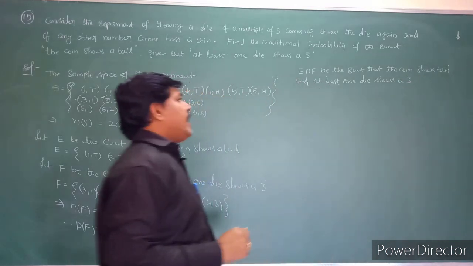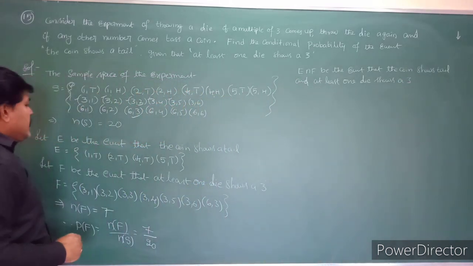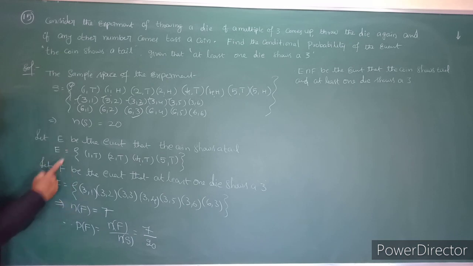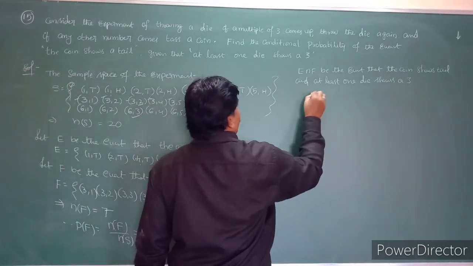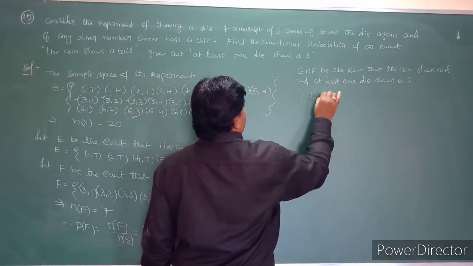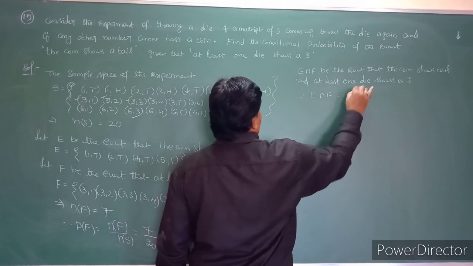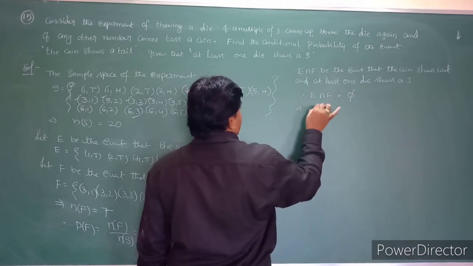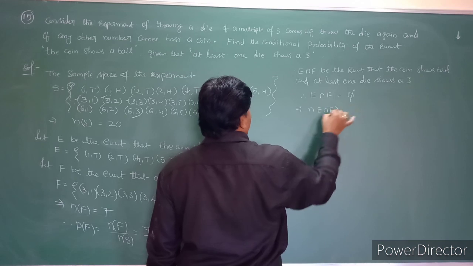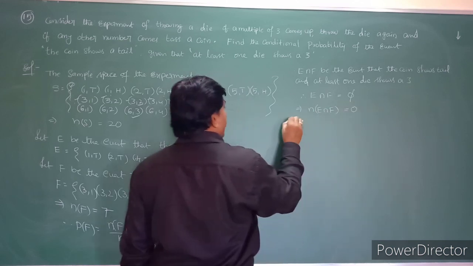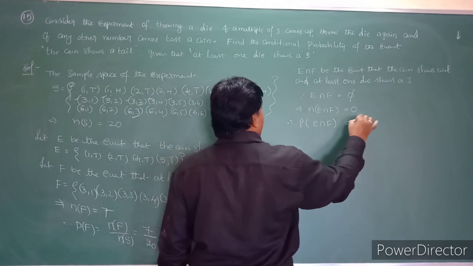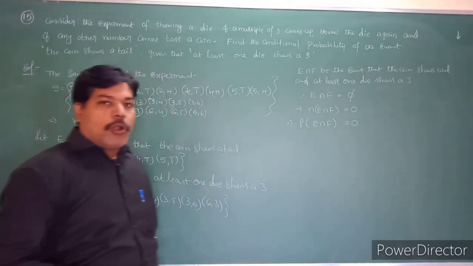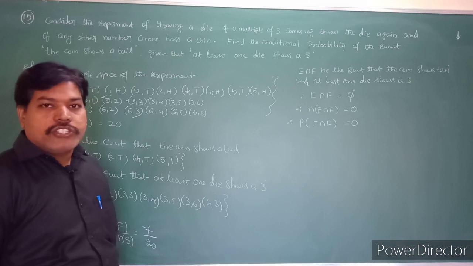There is no common element for these two, yes or no? So E intersection F becomes empty. That implies n of E intersection F is 0. Therefore the probability of E intersection F is 0 only.